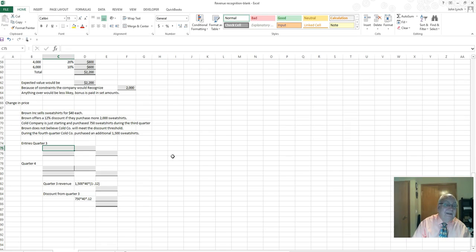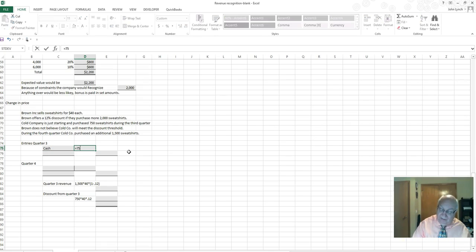Brown does not believe that Cold Company will meet the discount threshold, so we don't worry about the 12%. However, during the fourth quarter, they purchased an additional 1,500 sweatshirts, which got them over the 2,000 mark. But for quarter 3, we don't worry about it because we don't think they're going to do it. So we have cash equal to 750 times the 40, or $30,000.